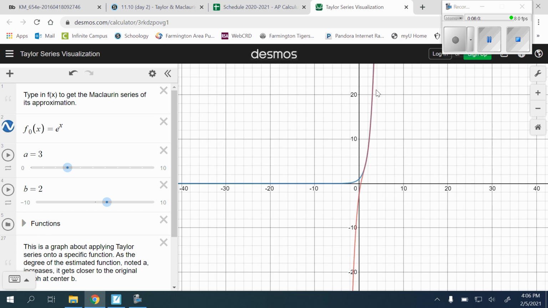If I zoom out, you can see the red and blue lines are almost identical. Not so much when we start getting near about a half, but everywhere else looks pretty good. There's the fourth degree, fifth degree, and you can see it's starting to approximate it even more. Now even at 0, it looks like a pretty good approximation, and we're starting to approximate even some negative values. But around 2, it's very, very similar.